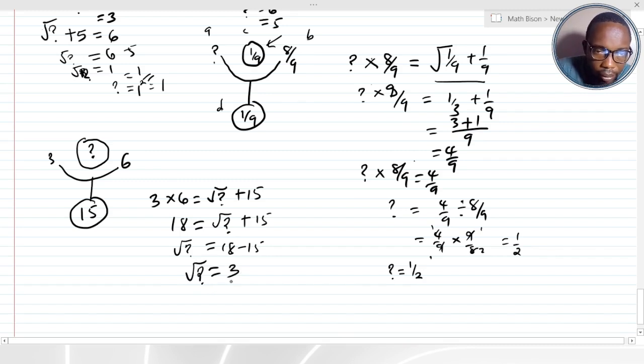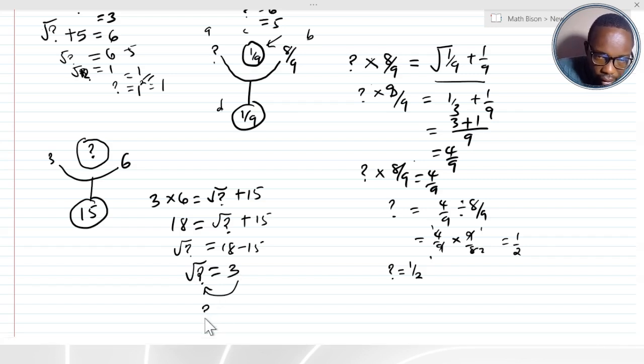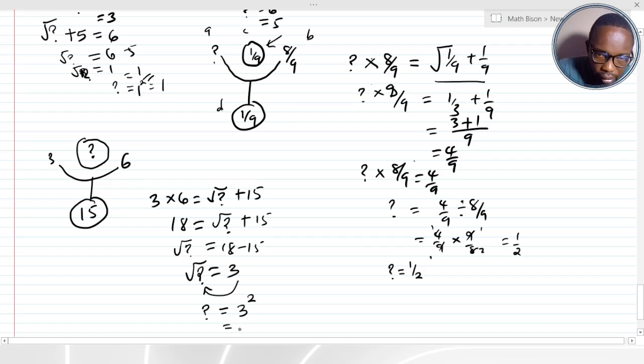What is that number? By reverse engineering, guys, don't stop here and say the answer is 3. That number itself is not equal to 3. That number itself is equal to the square of 3, which is 9. Because that's the only way the square root of 9 will give you 3. Remember, we mentioned that we're going to be using our square and square roots together to find the reverse operations.